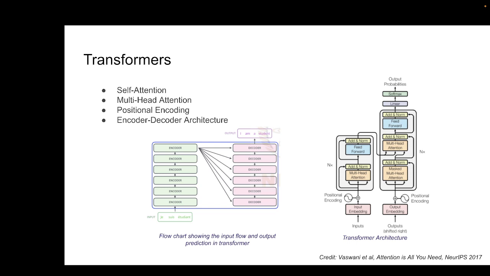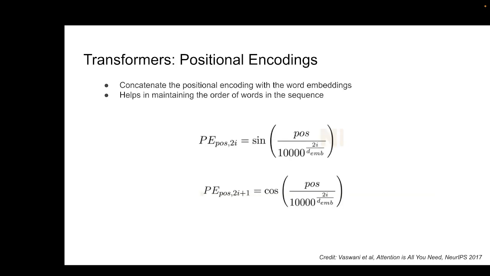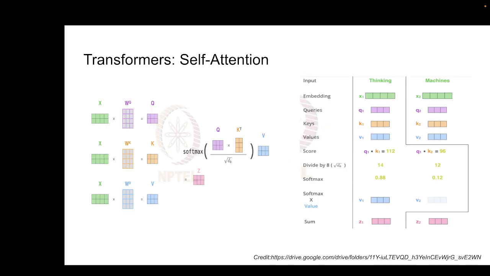We want that particular word to not only know what it means, but also be aware of the other words in the sentence. That is where self attention comes in: I'll incorporate the context that is around me as a word into my own representation, and that will enrich my own representation to a great extent.